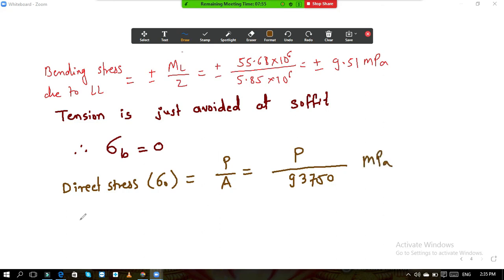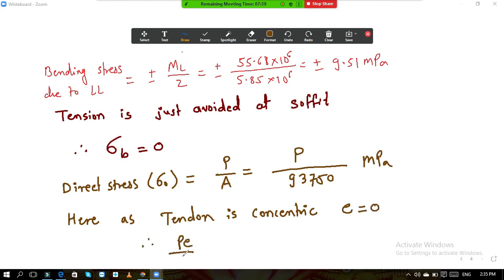This is your direct stress. So here, as the tendon is concentric, e must be 0. So therefore, Pe by Z is equal to 0. Now combine all this.